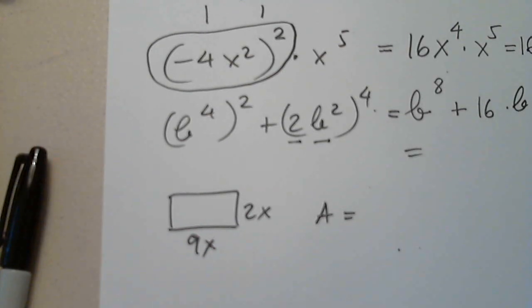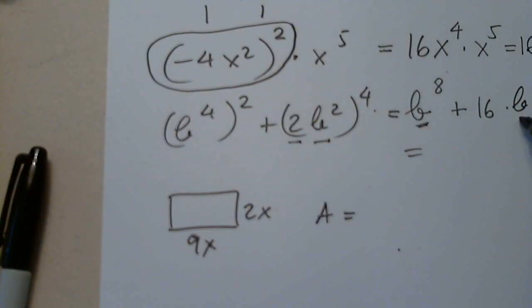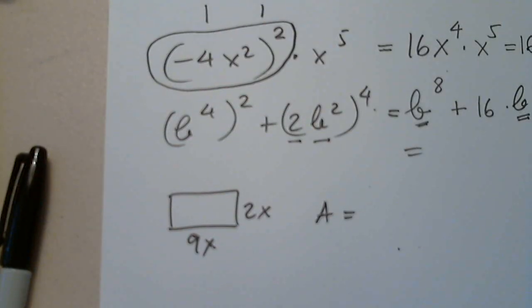Now, can I combine them? Now I can say 1 apple plus 16 apples because these are like terms, which is a different story. I'm not multiplying, I'm adding. b to the 8th plus 16 b to the 8th.